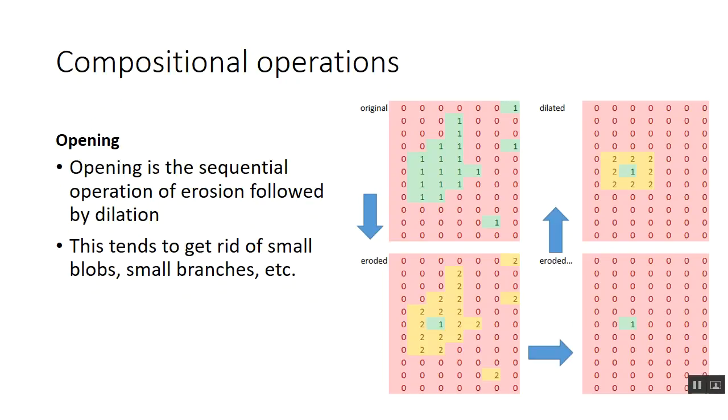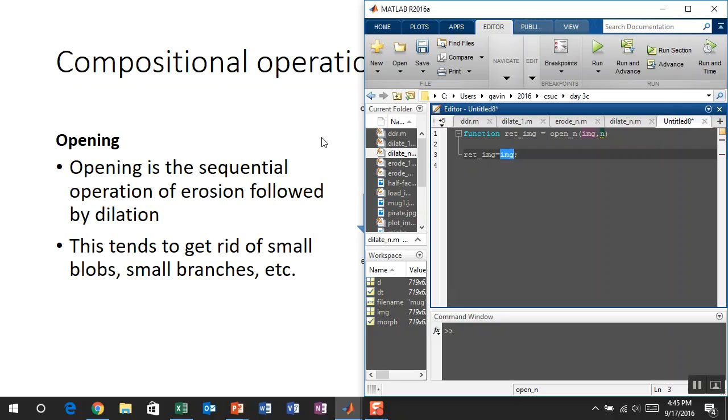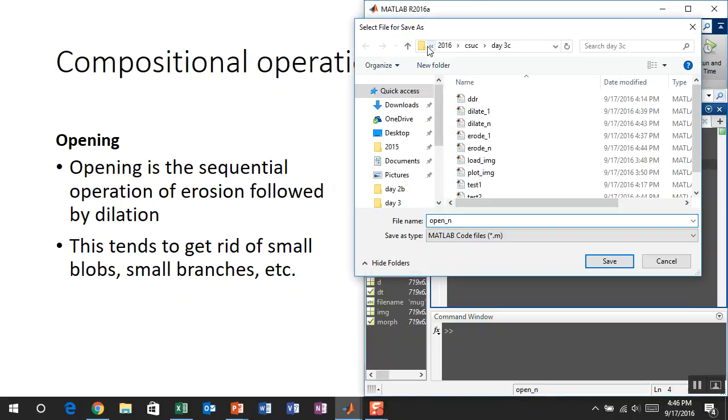Opening is erosion followed by dilation. So return image equals erode n of image by n. Now we want to dilate the same thing that we eroded. So we're going to dilate return image by n, and then we're done. So this is called open n.